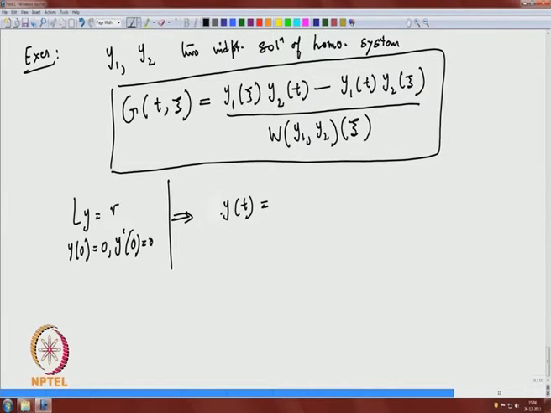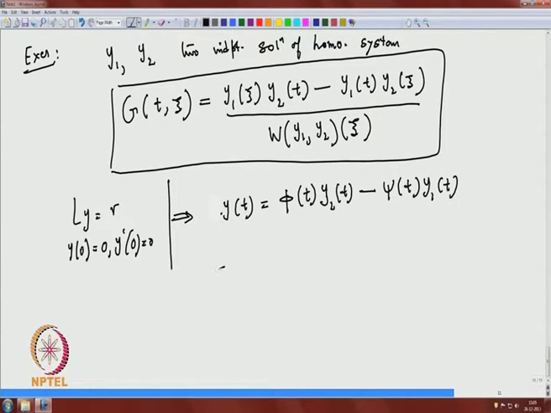You are integrating only with respect to xi here, so y2 will come out. You will have phi(t) times y2 of t, minus y1 comes out, and the remaining integral will be psi(t) times y1 of t.